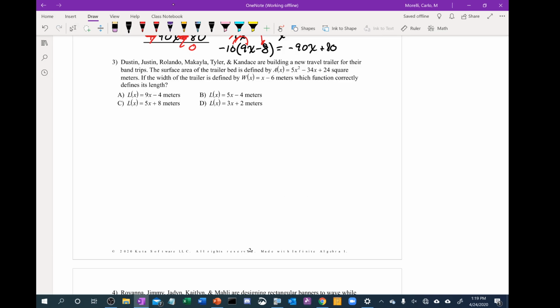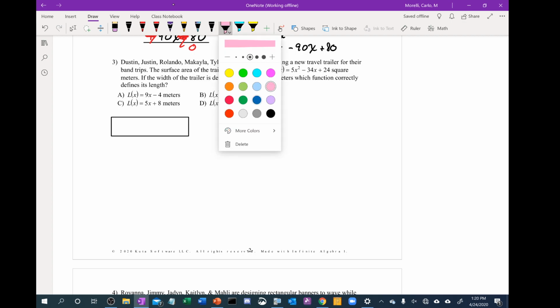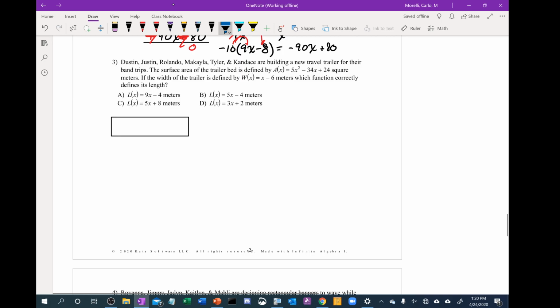So we'll draw a picture. Here's a travel trailer, kind of an elongated rectangle. And let's give the band the blue here. So this is the surface area of the trailer bed inside the trailer. And we'll switch to white, and we'll write out A of x for area equals 5x squared minus 34x plus 24.